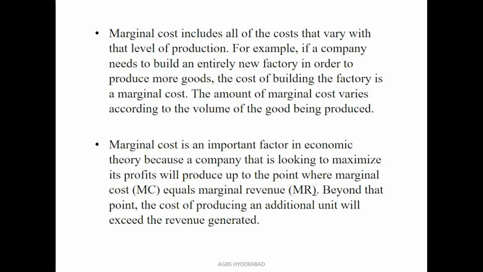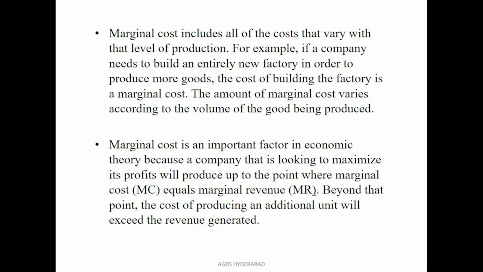So, marginal cost includes all the costs that vary with the level of production. For example, if a company needs to build an entirely new factory in order to produce more goods, the cost of building the factory is a marginal cost. And the amount of marginal cost varies according to the volume of goods being produced.